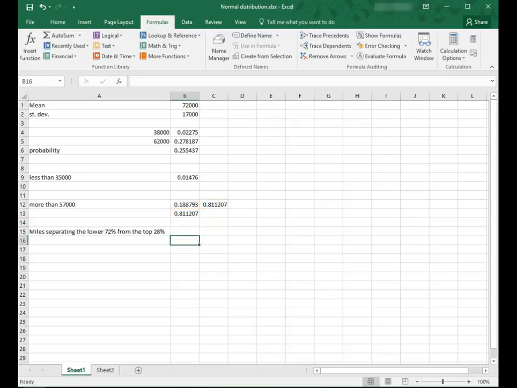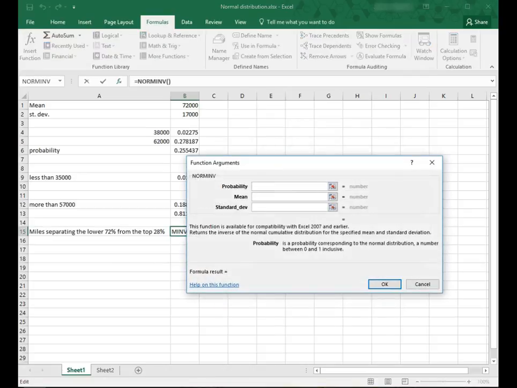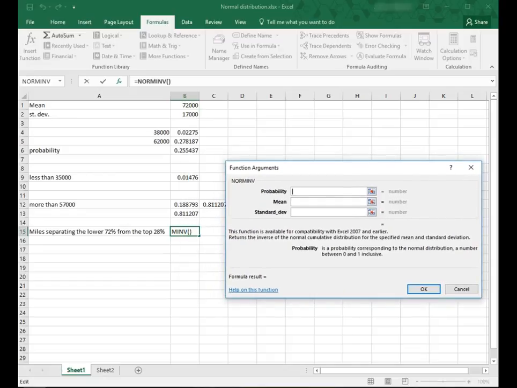The last problem would like for us to find the mile value that separates the lower 72% from the top 28%. To do this, we use the norm inverse function. Here we must enter the desired probability, which in this case is 0.72, and our known mean and standard deviation.